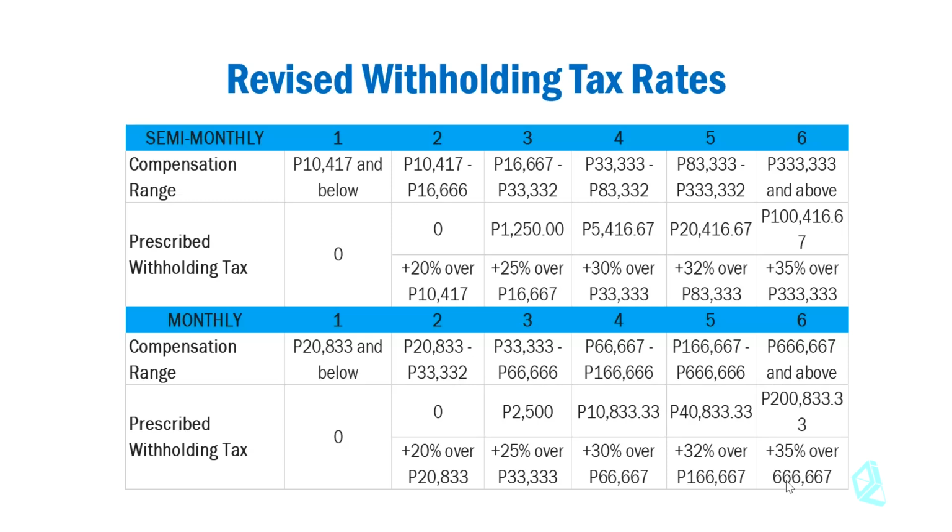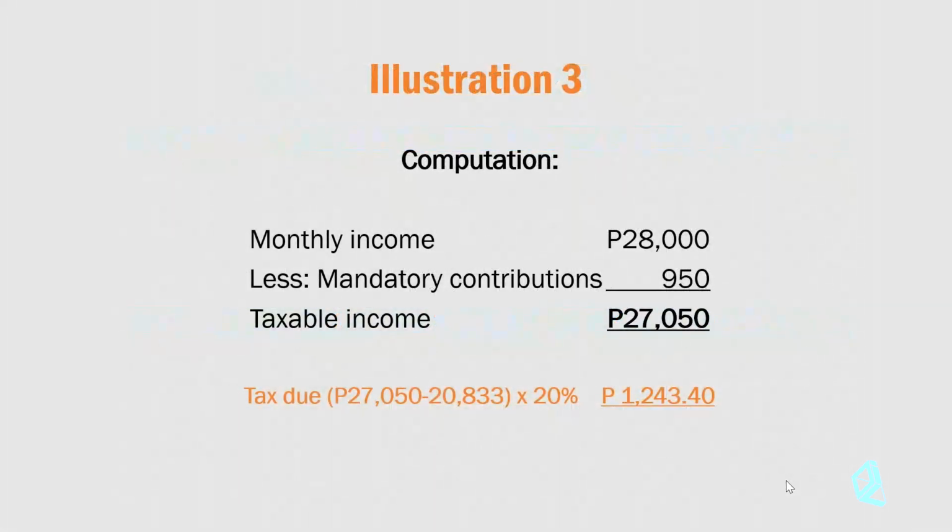So how do you do that? 27,050 less the base for that taxable range, which is 20,833, and you multiply that by 20%. So you get 1,243.40. Okay, so that's how you compute for the withholding tax.